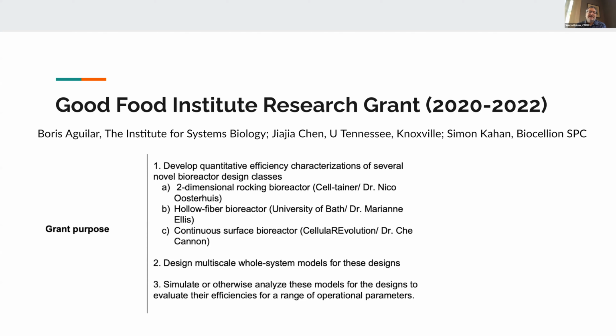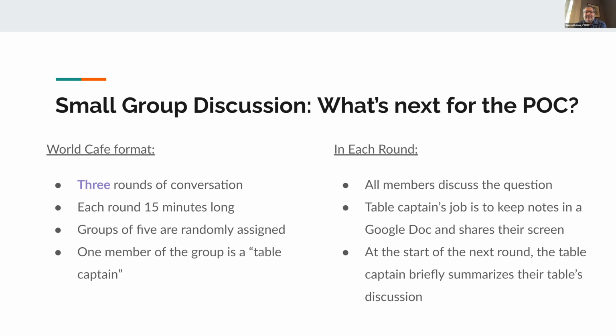See how well we can characterize what determines their performance and efficiency. Do our best to design some multi-scale models similar to this one, and see what we can do to analyze the designs through our models. So next slide. I think that's it then. Thanks.